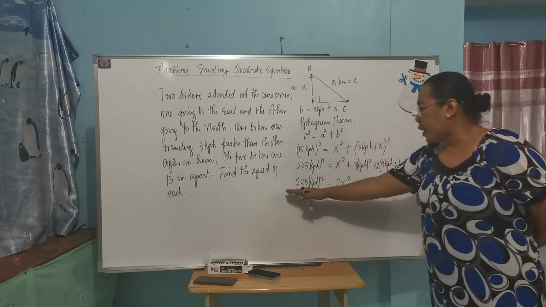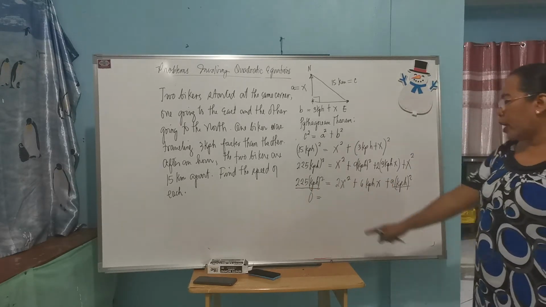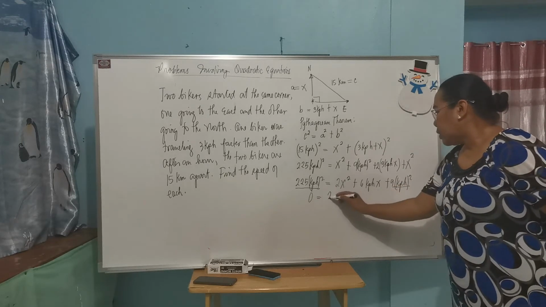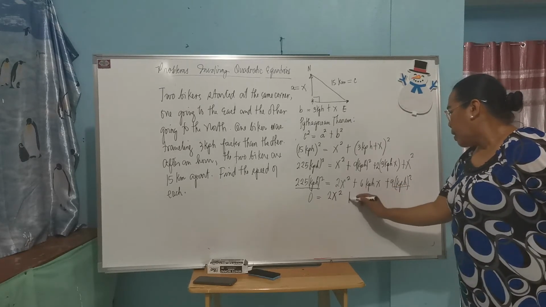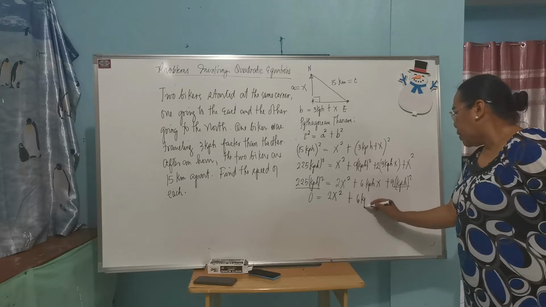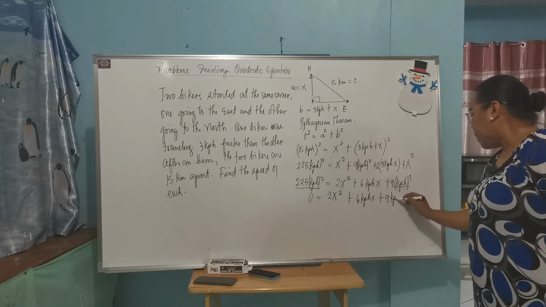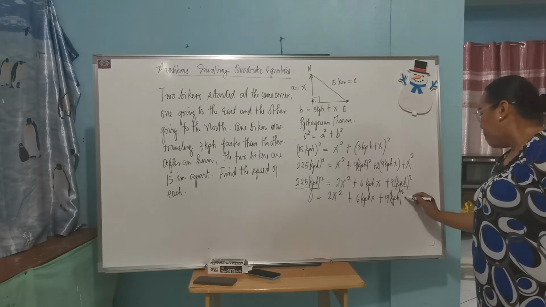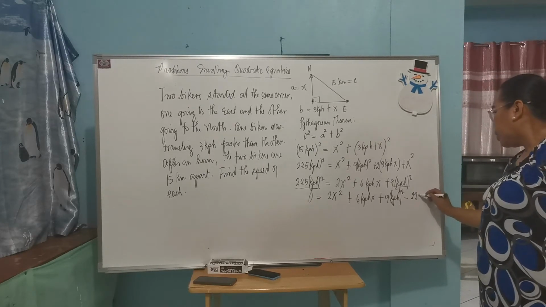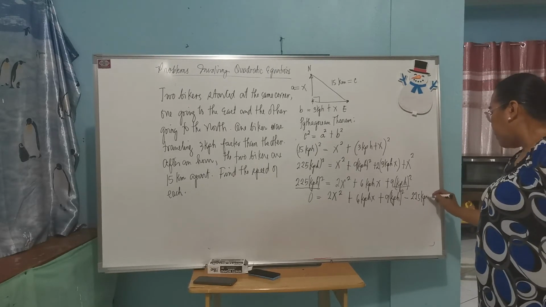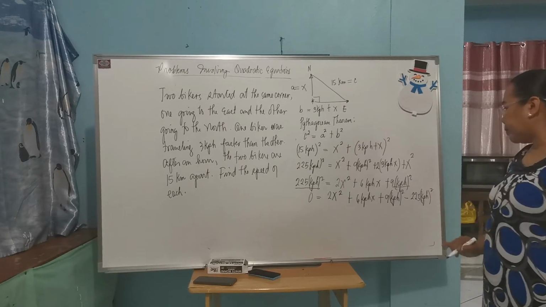We subtract both sides your 225, so this will become 0. So this is your 2x squared plus your 6 kilometers per hour x plus your 9 kilometers per hour squared minus 225 kilometers per hour squared.